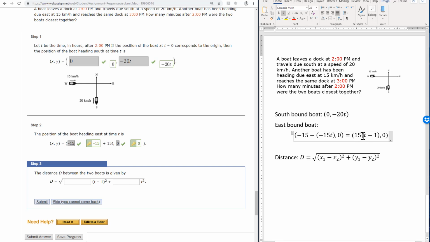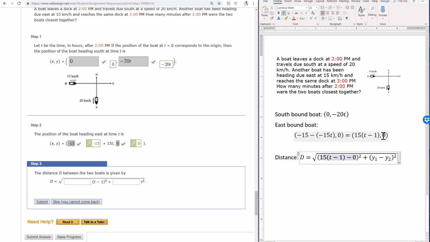So we factor out the 15, and we have 15 times (t minus 1). Now we're going to put that into the formula. Let's say this is my x1 and y1, and this is my x2 and y2. My x1 is going to be 15 times (t minus 1). Your x2 is the x value from the second point, which is 0.